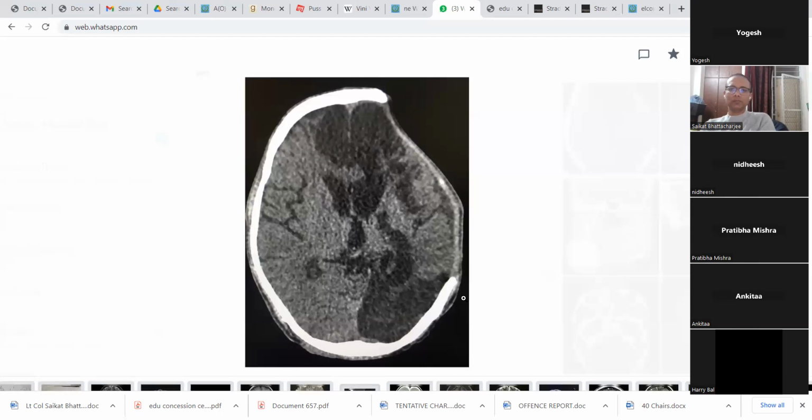I would think there has been some coup injury in the frontal lobes and contre-coup injury, leading to encephalomalacia, and the craniectomy must have been a decompressive craniectomy.